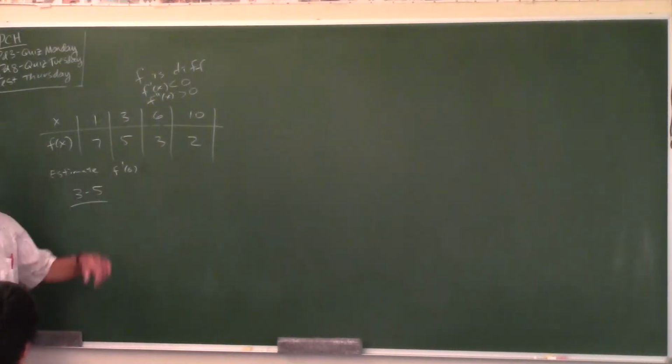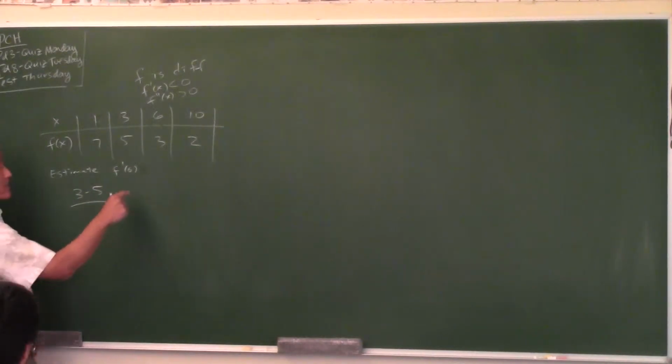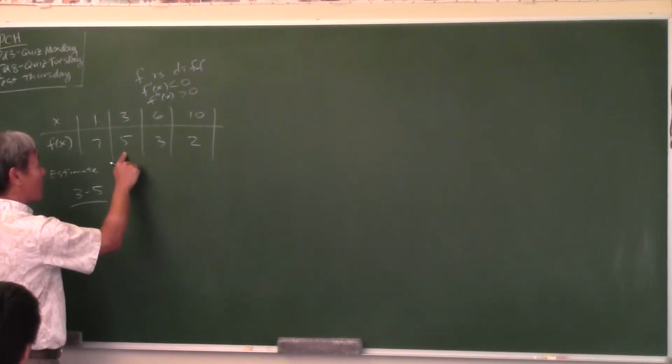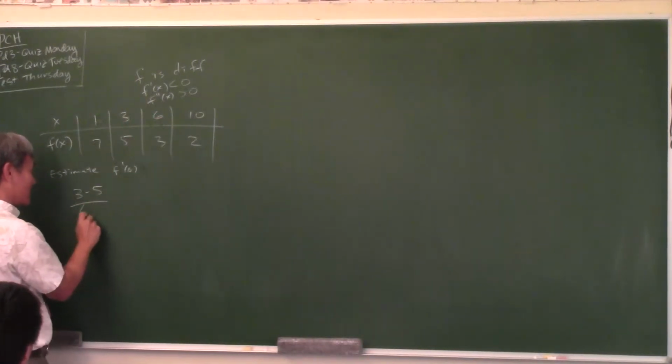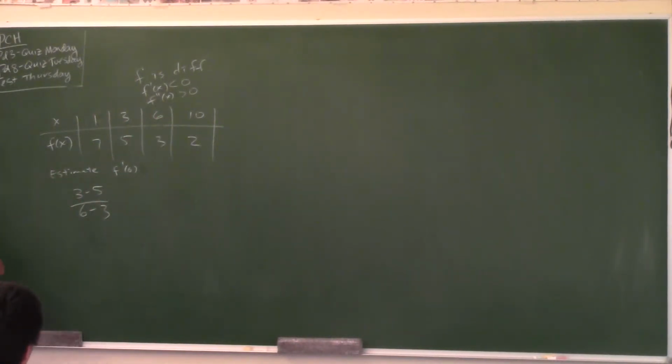If I don't call on you, I don't want to hear anything. How do you find slope? Y minus y over x minus x. And you just leave it. You do not simplify it. You guys understand? Okay, when you estimate a slope, that's all they want you to do. They want you to go y minus y over x minus x, but you have to use the correct points.